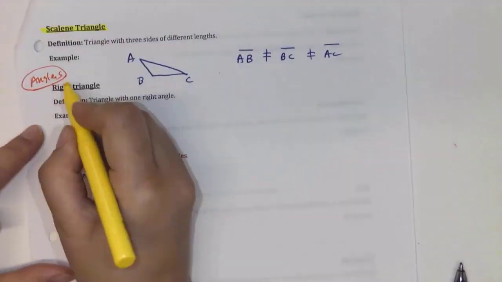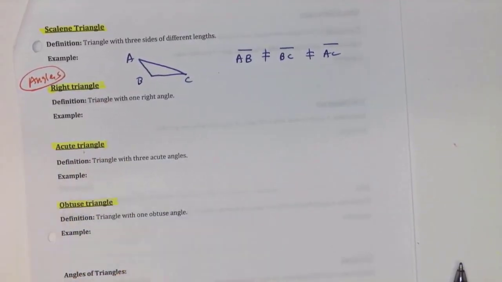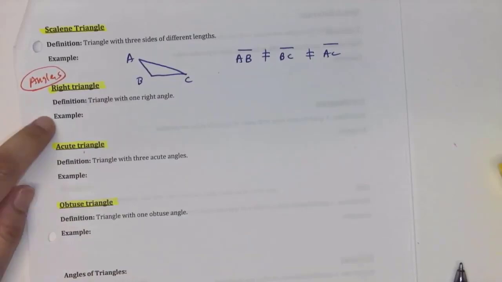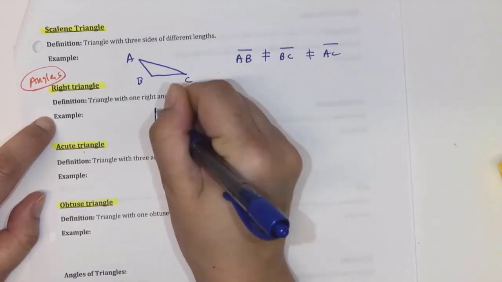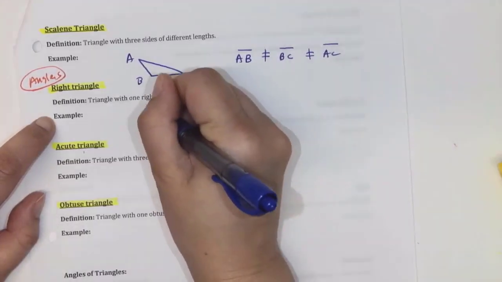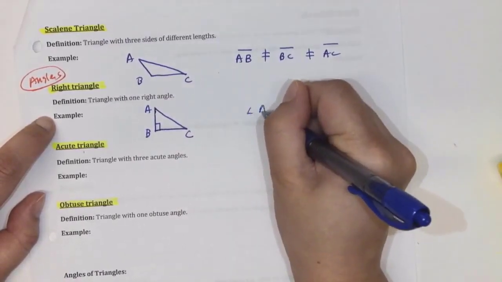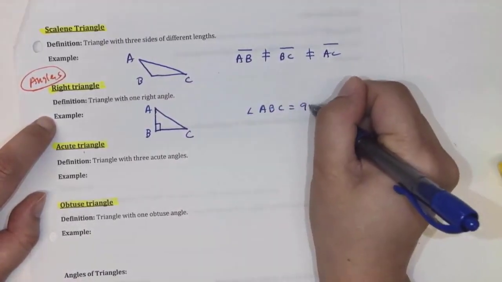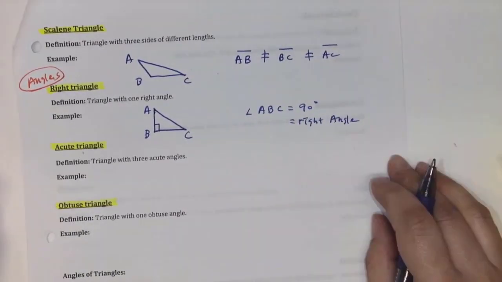We have right triangles, we have acute triangles and obtuse triangles. So how are they different? The right triangle should have one angle that is 90 degrees. I can call this ABC, and then angle ABC equals 90 degrees, which is a right angle, right? How about an acute triangle?